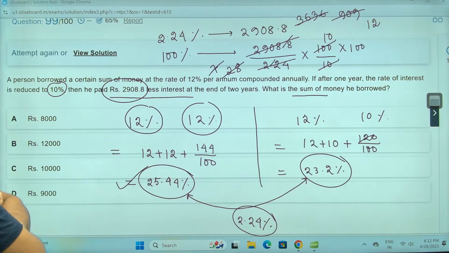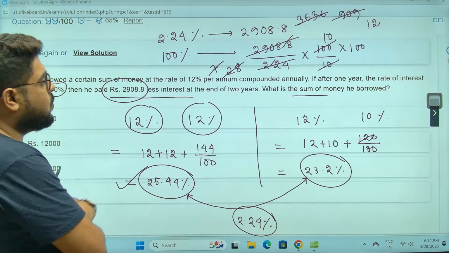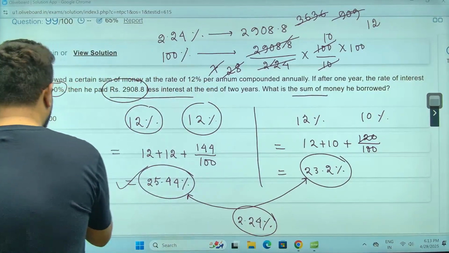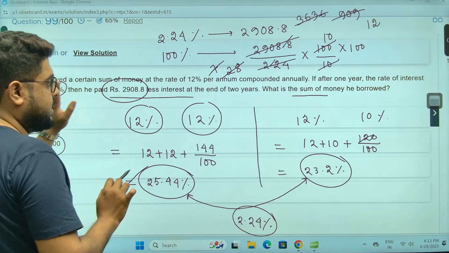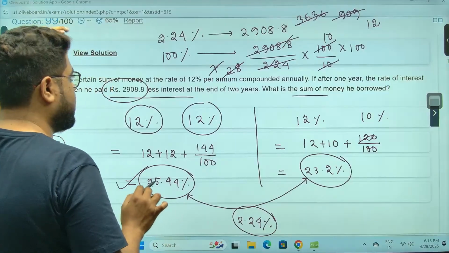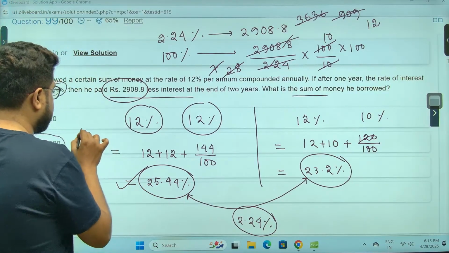Because the options are all. Just a second. From this figure, the only possible answer is this, if it is not wrong. Just let me check now. Wait a second.